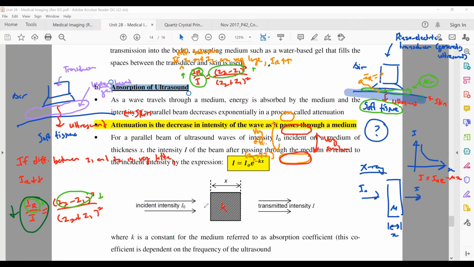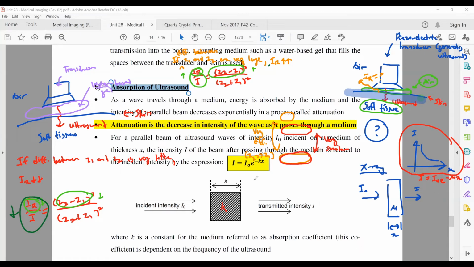If you have ultrasound with initial intensity I naught, as it passes through your medium, it will be absorbed by the medium, so that whatever ultrasound you get at the end here will not be the same as this one here. It will actually be less than the ones here. How the intensity of the ultrasound decreases with distance would be the same as this one. Because it decreases in a similar manner, the equation that you use will also be similar.